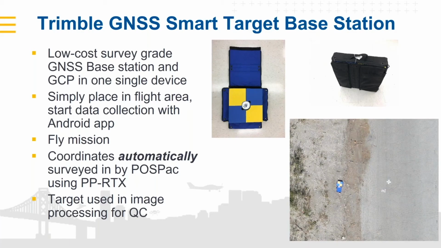You can then correct your GNSS observations with this and utilize it as a quality control point. The coordinates can be automatically surveyed through POSPac utilizing the RTX base station survey, and it provides a really nice tie-in for everything and makes it a very versatile tool to be utilized in the field.